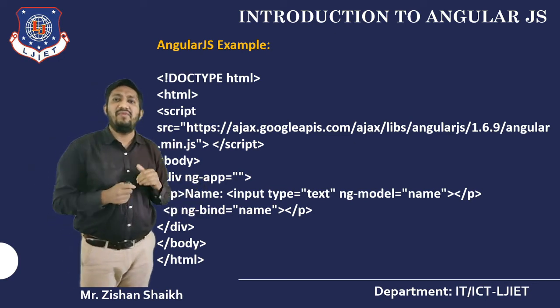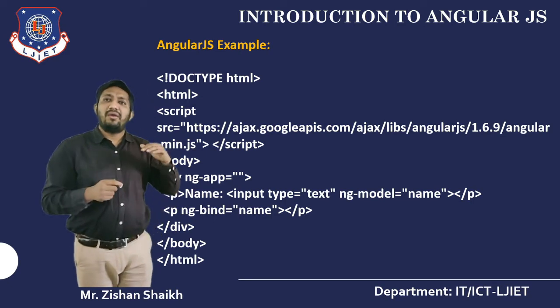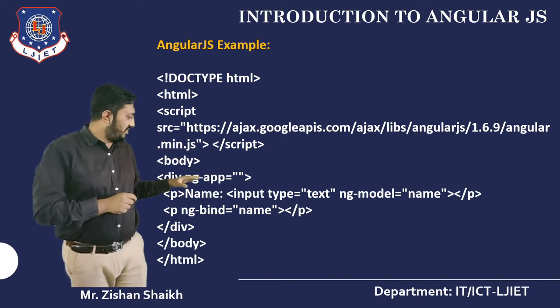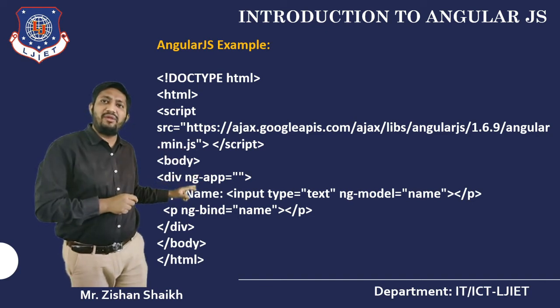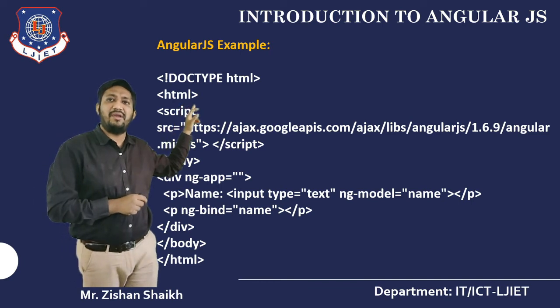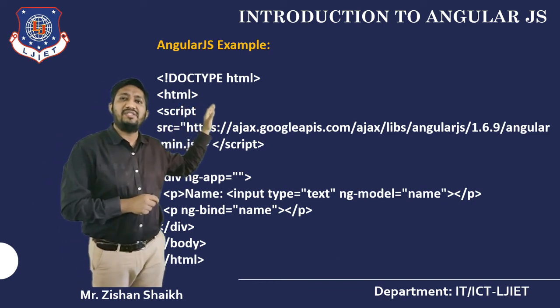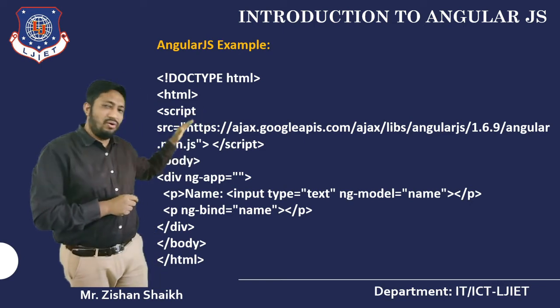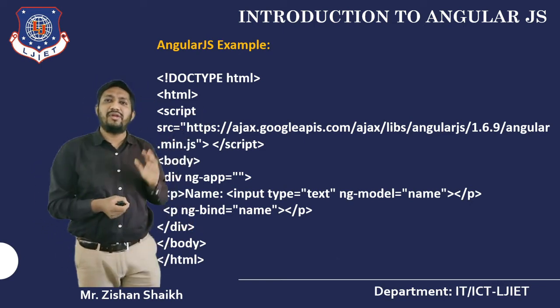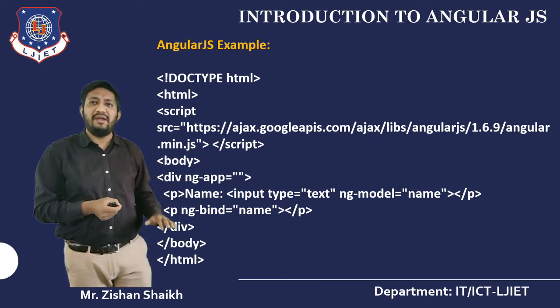If you wish that your whole page can understand your AngularJS code, it is advisable, instead of the div tag, to write ng-app in the HTML tag. So after html, space, ng-app. So in the whole HTML page, anywhere you write your AngularJS code, your browser can interpret it.